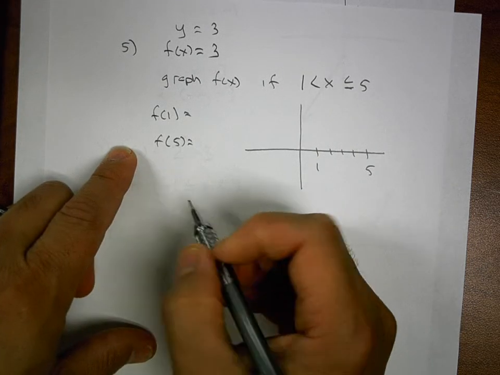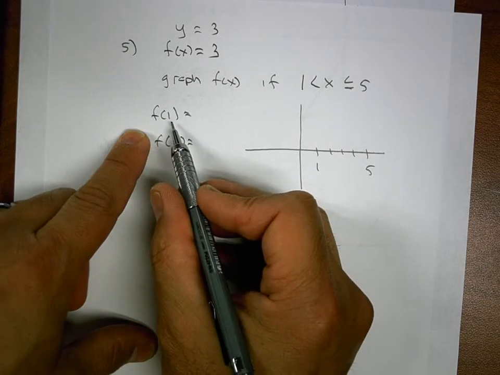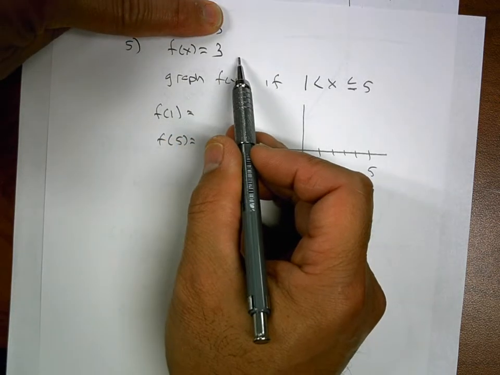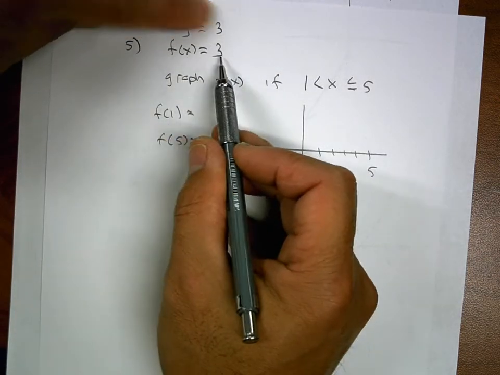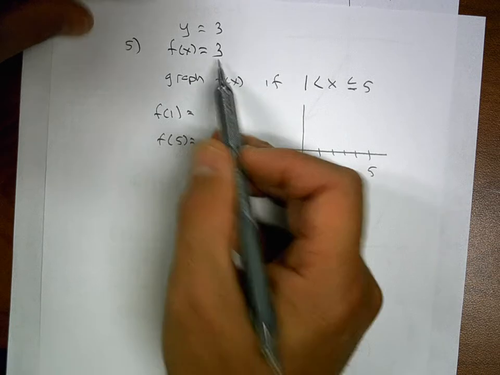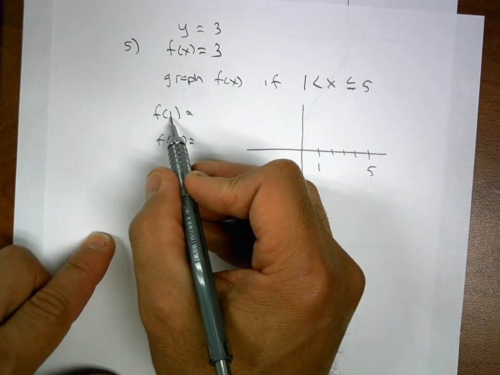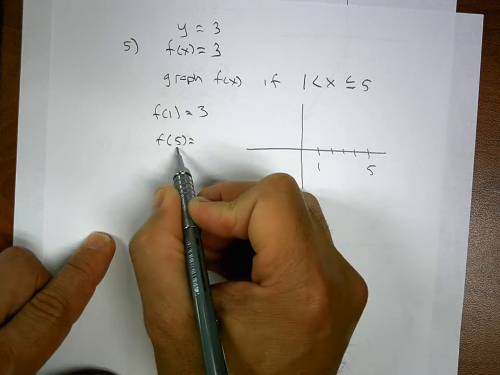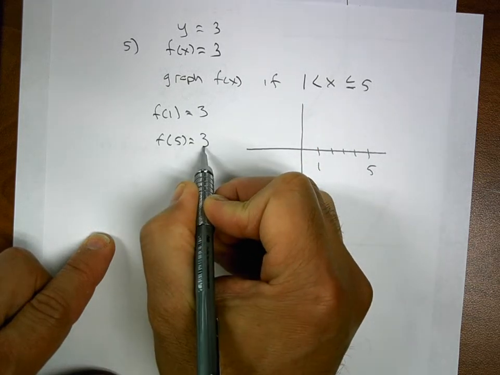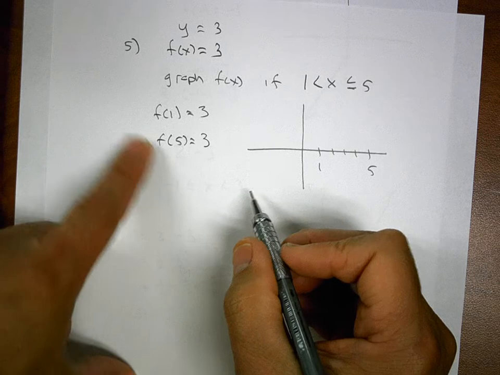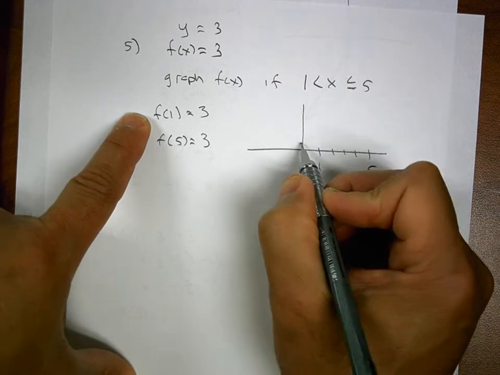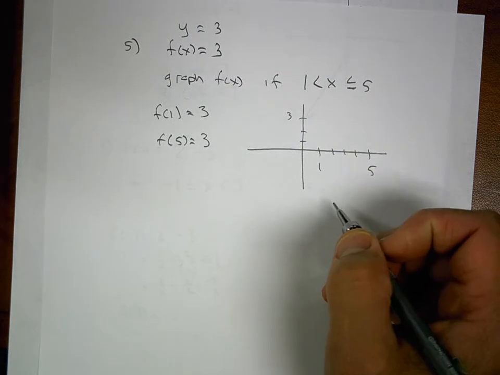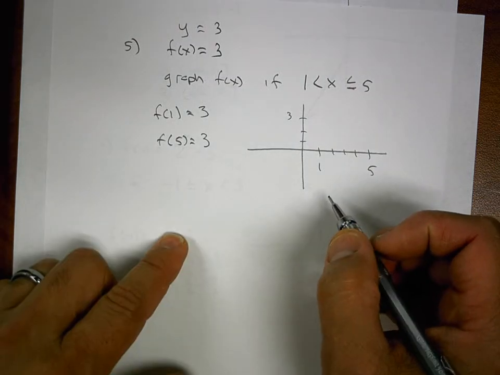Well, f of 1. Okay, so f of 1. Is there any x to plug it into? No, but what's y? It's always 3. So I don't care what x is. X can be anything, but it's 3. If x is 5, y is 3. Let's plot those. So 1, 3, 1, 1, 2, 3. All right, so actually you plot it.